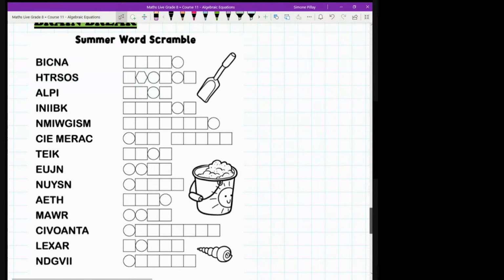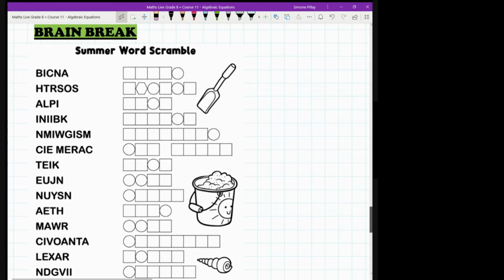Now, exactly halfway through our lesson. It's this thing you guys love to hate. Word scramble. I suppose I should number them. 7, 8, 9, 10, 11, 12, 13, and 14.